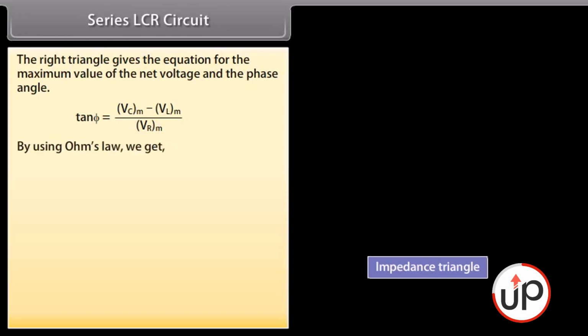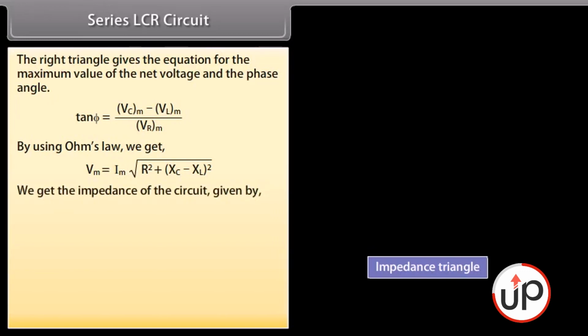By using Ohm's law, we get Vm is equal to Im multiplied by under root of R square plus (XC minus XL) square. We get the impedance of the circuit given by Z equals under root of R square plus (XC minus XL) square.